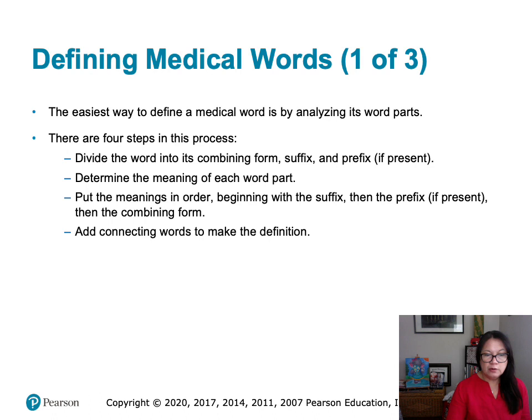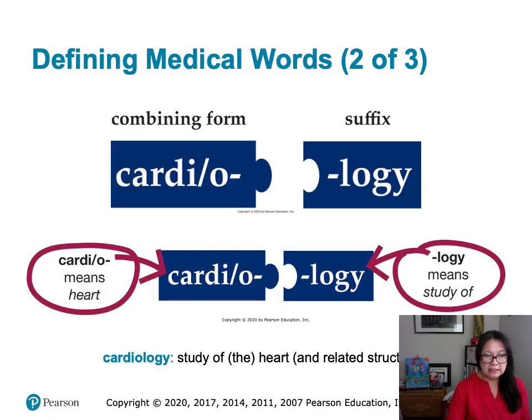Let's work through these four steps with an example word, in this case, cardiology. The first step in defining cardiology is to divide the word into its word parts. By now, you should be able to recognize that the parts in this word are the combining form cardio and the suffix logy. There is no prefix in cardiology. The second step is to give the meaning of each word part.